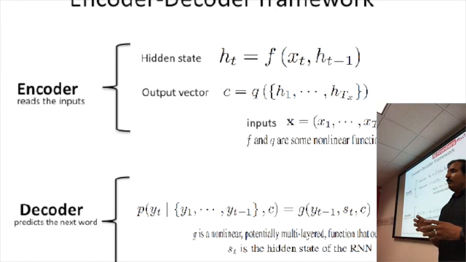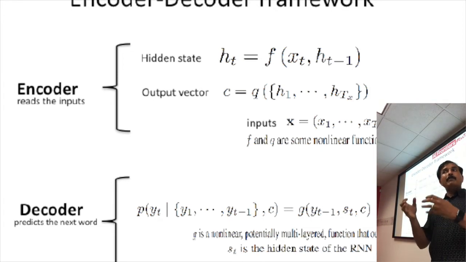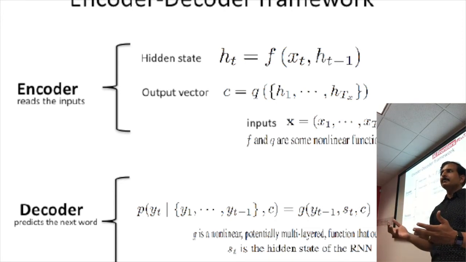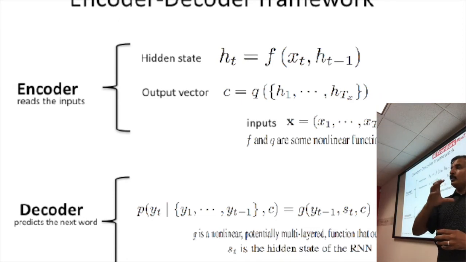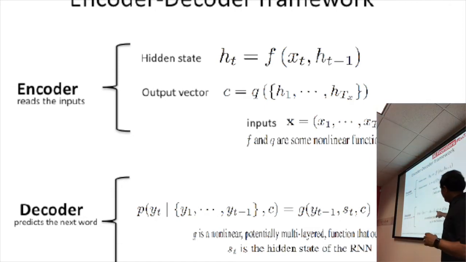In other words, when you are outputting a specific output word yt at a time step t, instead of taking a static context vector, take a dynamic context vector where you go back again into the encoder and compute a context vector ci.